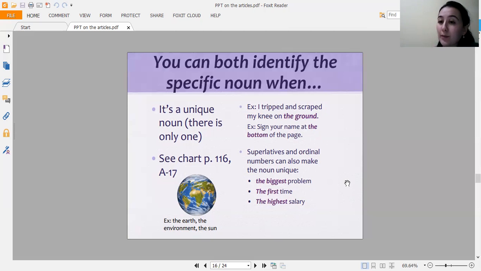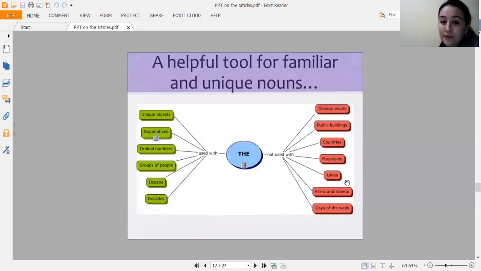Superlative and ordinal numbers can also make the noun unique. The biggest problem, and of course, before each superlative form of an adjective, we can use the definite article the. The first time, an ordinal number, or the highest salary, a superlative form. So, a helpful tool for familiar and unique nouns: used with the, not used with the.